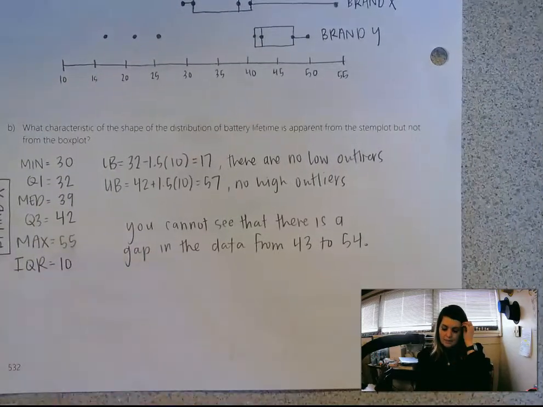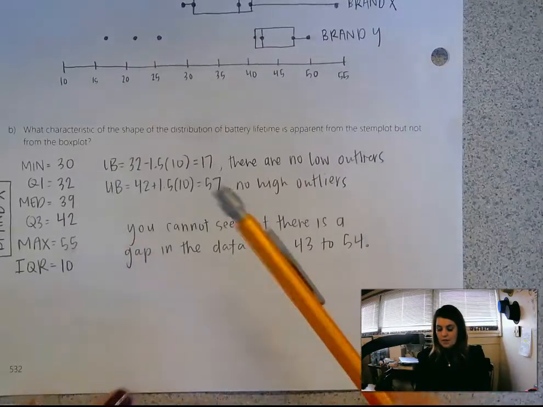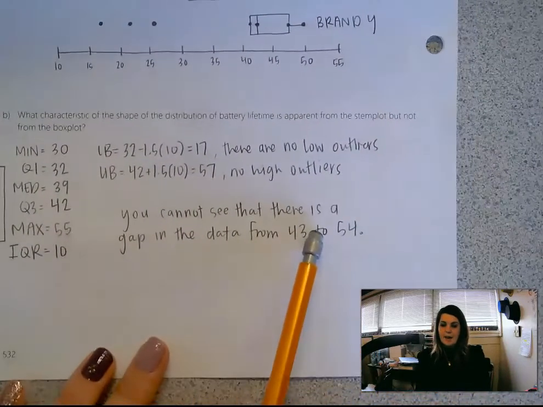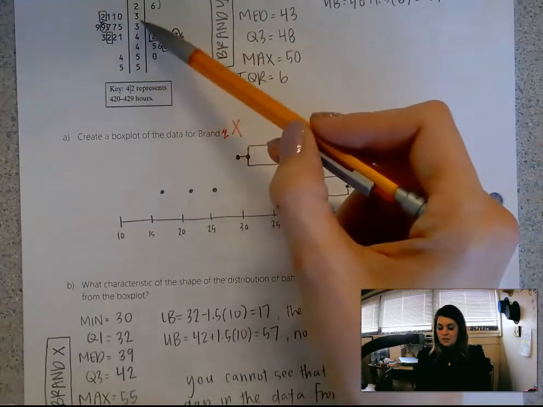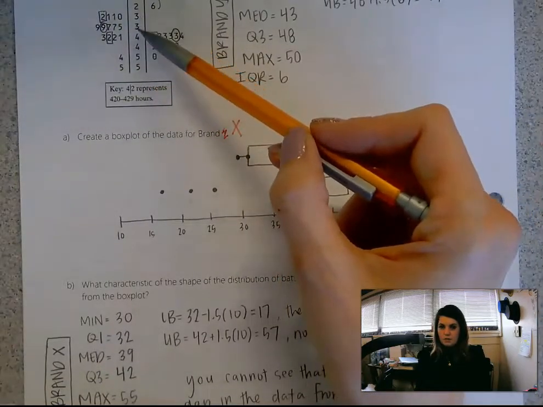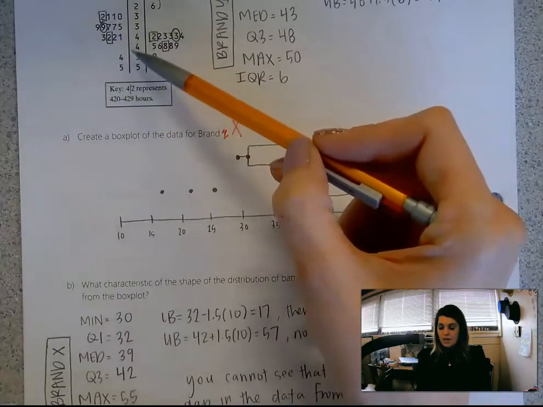What can we see in the shape of the battery lifetime in the stem plot that we cannot see in the box plot? Well, you cannot see that there is a gap in the data from 43 to 54. You cannot see that most of the data is clustered on 3, 3, 4, and then you have 2 that are in the higher end.